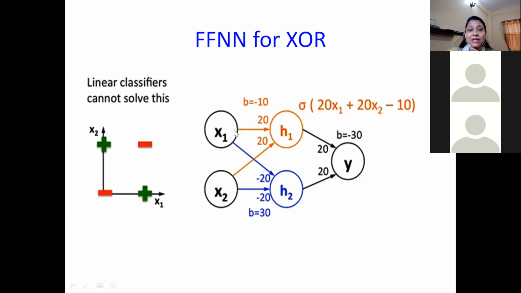And as you can see, here we are trying to create a multi-layer feed-forward neural network. Why? Because here we have one input layer, that is x1, x2. This layer is treated as the hidden layer, that is h1 and h2. And this is one output layer, which is y.